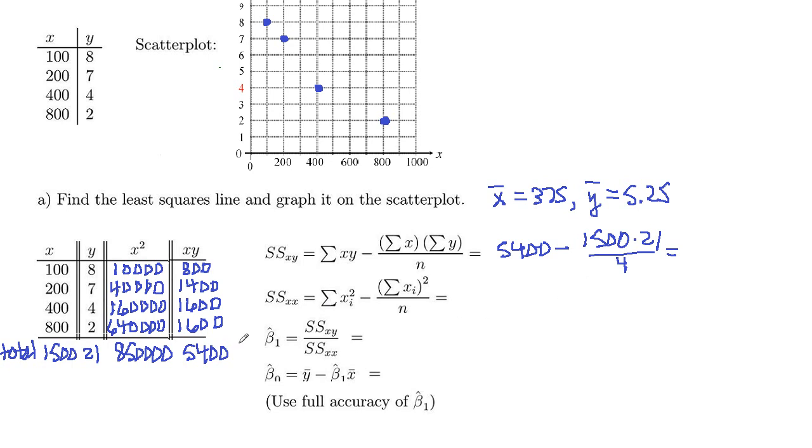And then the sum of the x squared column, that's our 850,000. We're subtracting the sum of the x's, quantity squared, so that's the 1,500 squared. And then divide by our 4. So let's go ahead and figure those on the calculator.